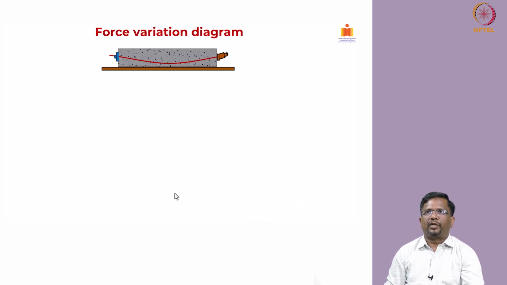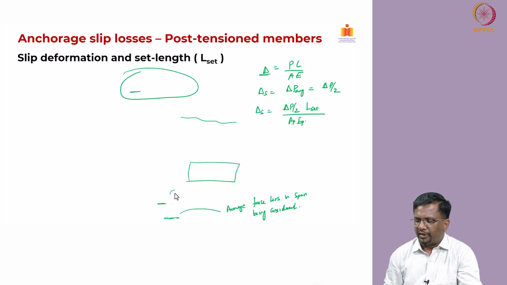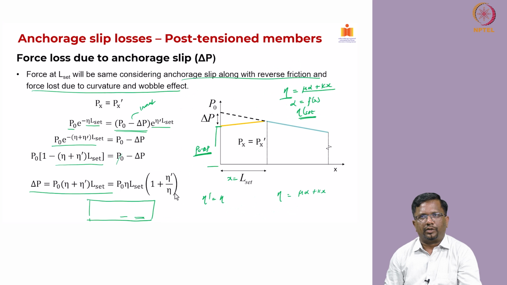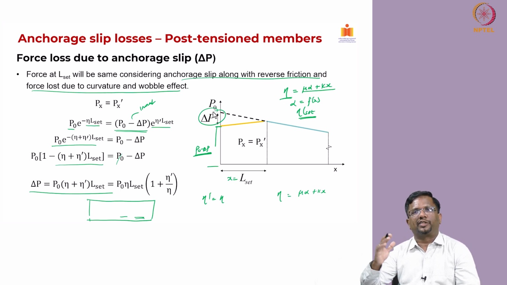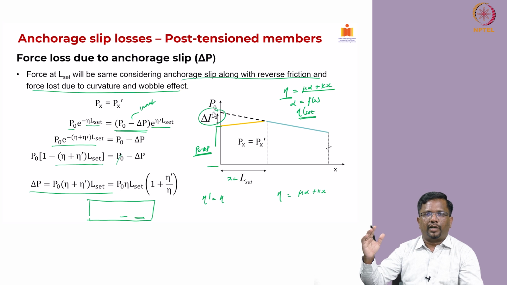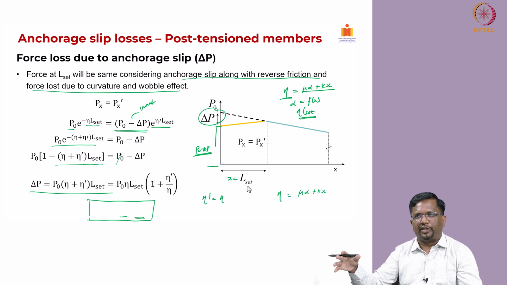So, let us look at now, from the previous example, basically we have looked at very important things. One is this force loss that is happening because of the anchorage slip, and up to how long the setting length, the reverse friction will act, right. At L set, Px will become Px prime. So, I need to find out up to what length this reverse friction effect is happening. After that, it gets nullified, right.